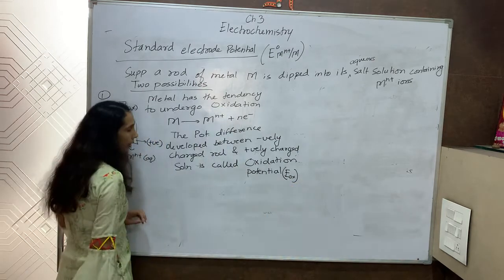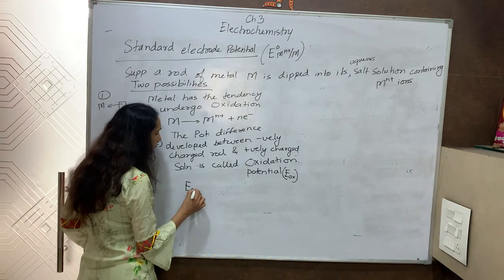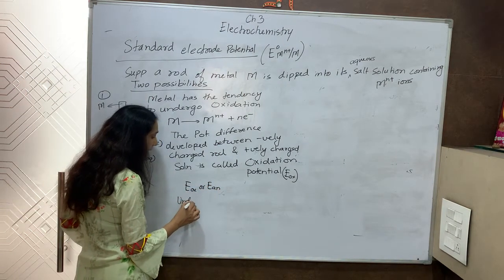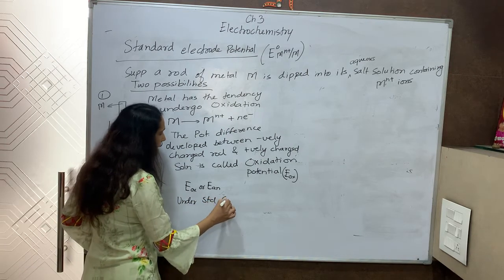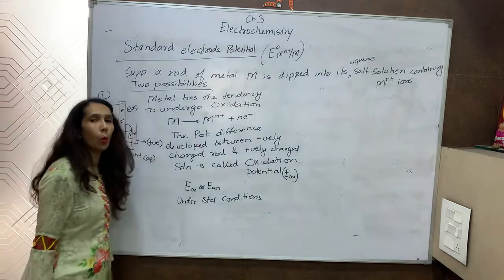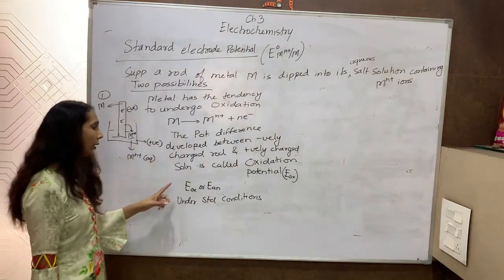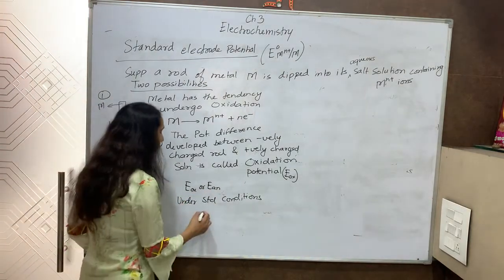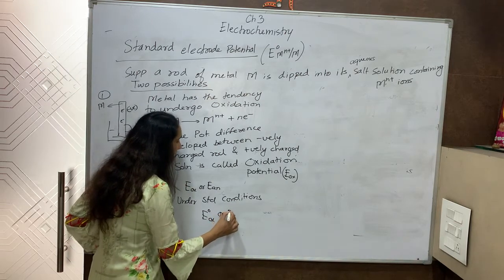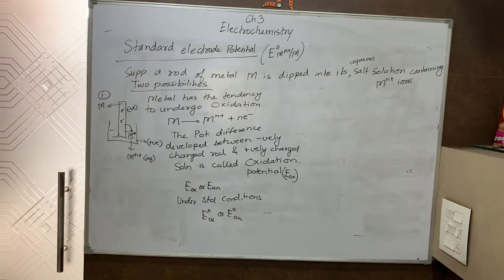And we know that oxidation takes place at the anode, so I can also represent it by E_ox or E_anode. And under standard conditions, what are the standard conditions? 1 bar pressure, 298 Kelvin temperature and 1 M concentration. I will put a naught here. So it will be E°_ox or E°_M. So this is your oxidation potential.